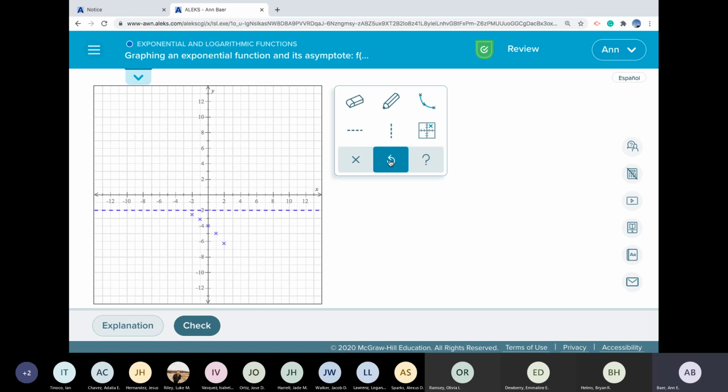If anybody knows what I did, that would be helpful. I'm not sure exactly. I checked the one I thought it might be, but I was not correct. If I put my horizontal asymptote here, I'm just wondering how I would delete this one right here.